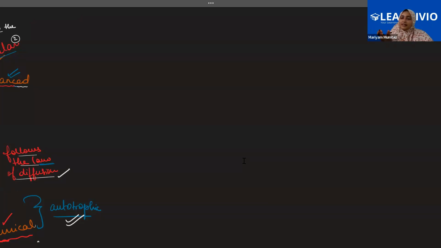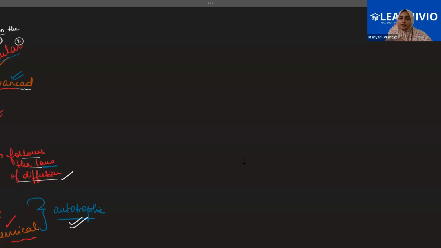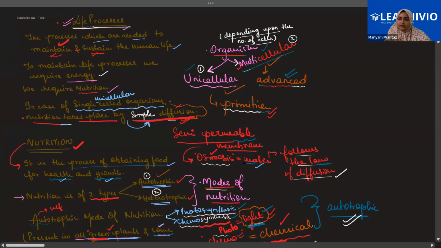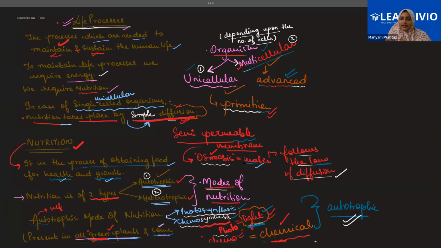Okay, that gland participates in this chapter also, life processes. The gland that I'm asking you about has a participation in this chapter also. This is the hint. Pancreas. Heard about pancreas? Yes, ma'am. Do you have a pancreas? Yes, ma'am.